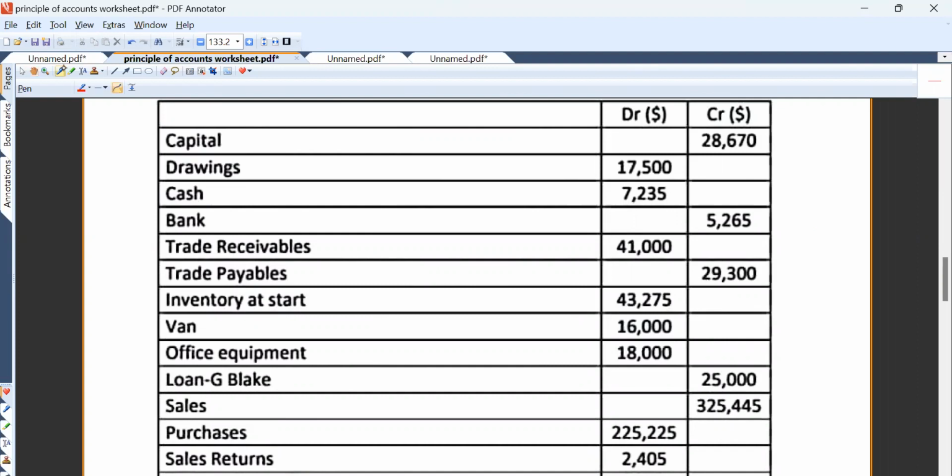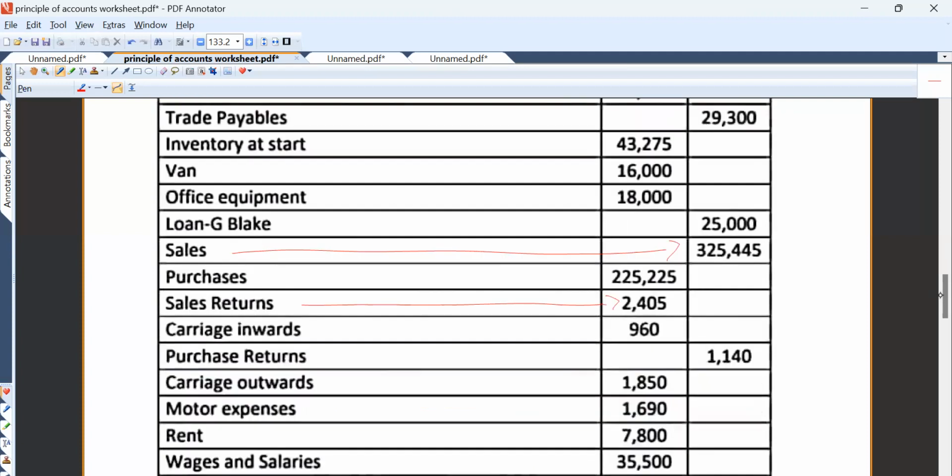First, I will see the value of sales over here, which is 325,445. Then I have sales return, which is 2,405. 2,405 is the value of my sales return.